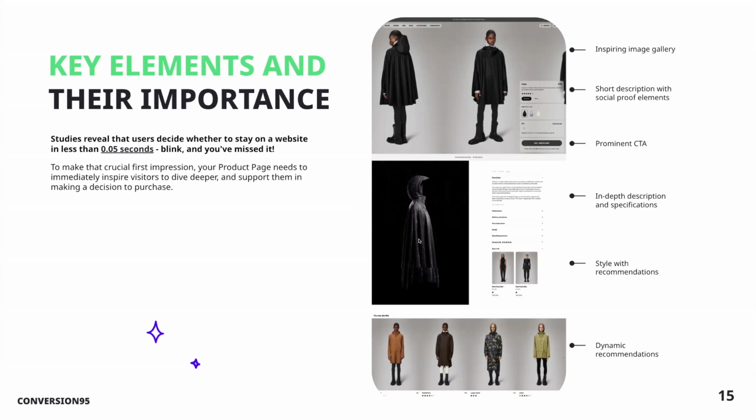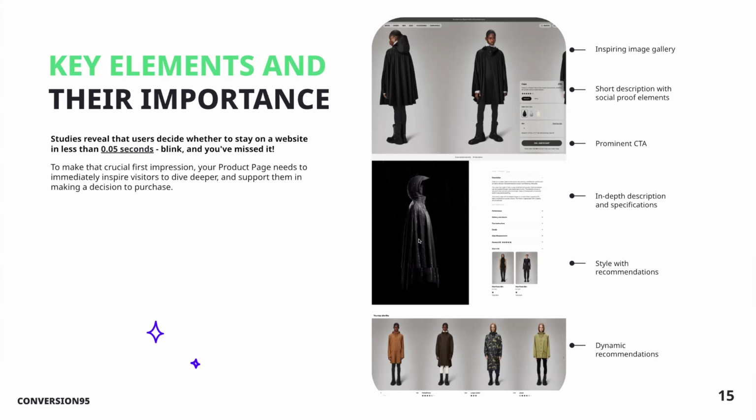So to get into a few of these elements, the key elements on product pages. Firstly, it's an inspiring image gallery. And what this means is not just white background, blank product photos, but in addition to that, actually showing your product in action. And that's not only for apparel, that's also for all of the other products, because this invites people to explore the product further.